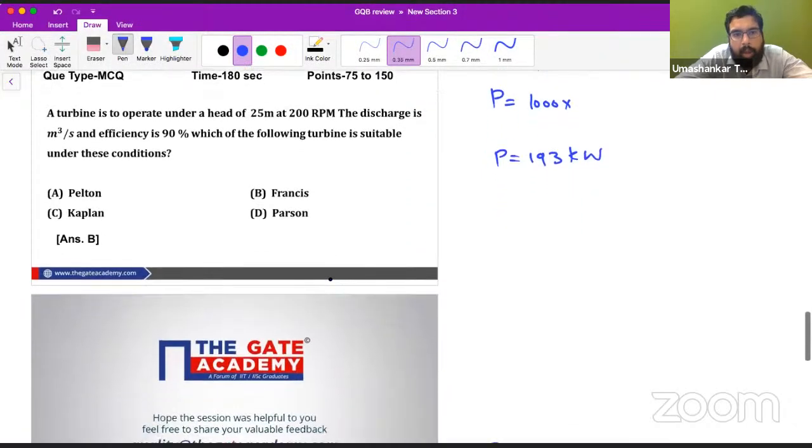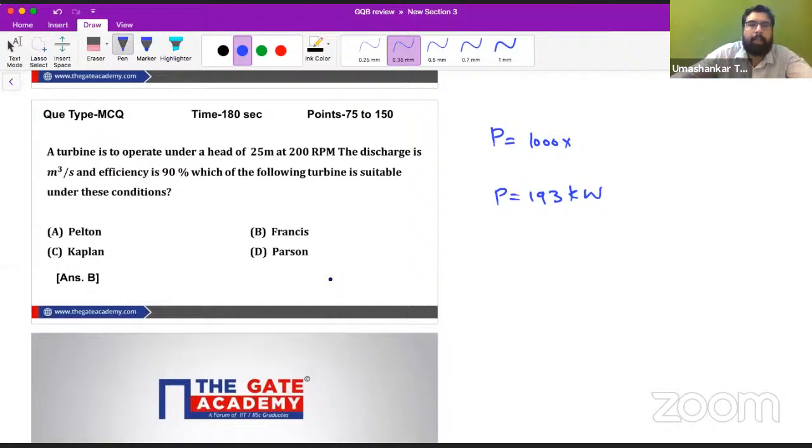So some data is missed in this question. The discharge is given in the question as 9 meter cube per second. I think it is missed here. So 9 meter cube per second.